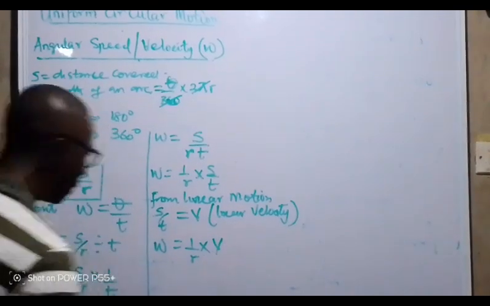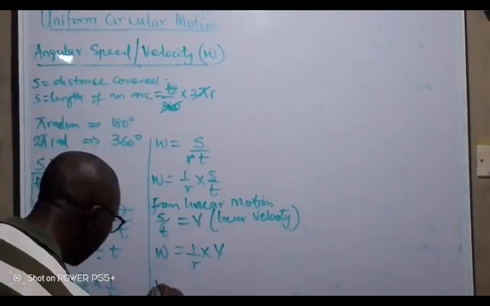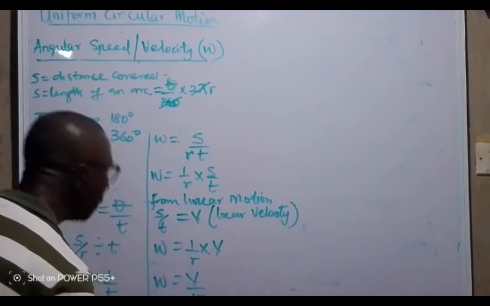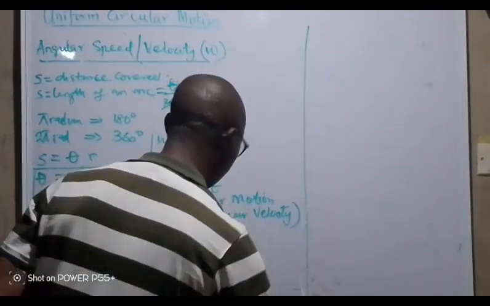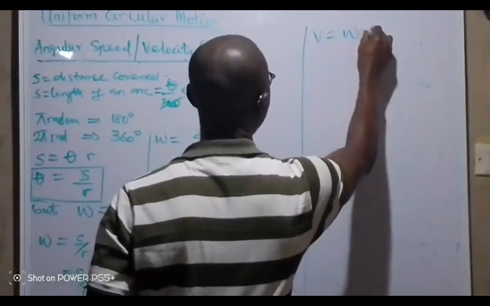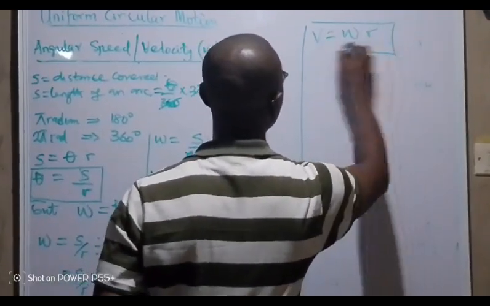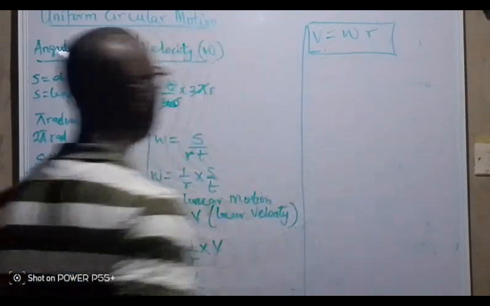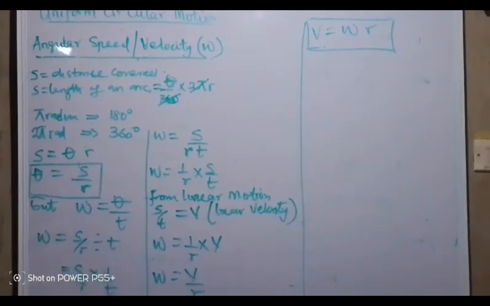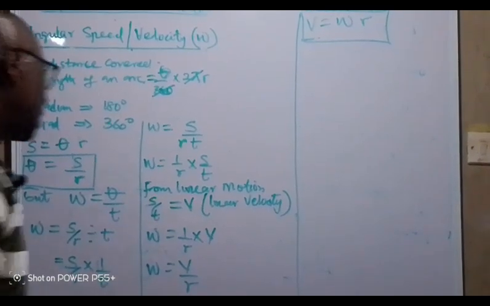So we are going to have omega is equal to V over R, or V is equal to omega R. That is the connection or the relationship between the linear speed, angular speed, and the radius of the circular path.